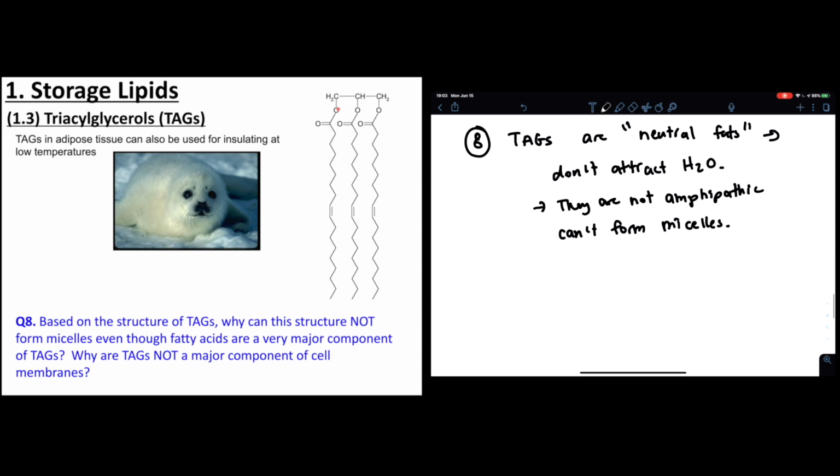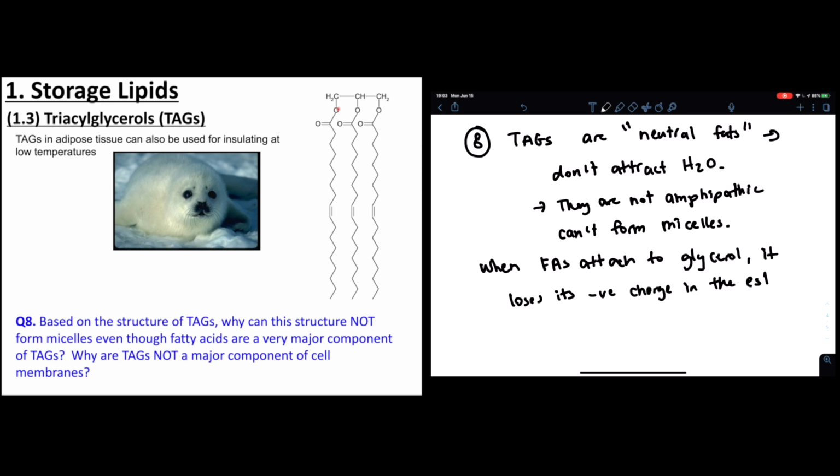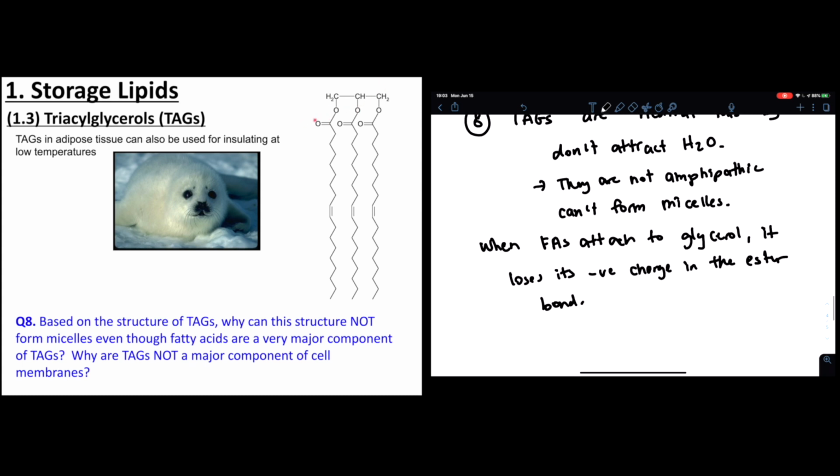All right, and that fatty acid argument, right? When fatty acids attach to glycerol, it loses its negative charge in the ester bond. Okay, so water doesn't like it as much as soon as it's in that ester bond or ester linkage.